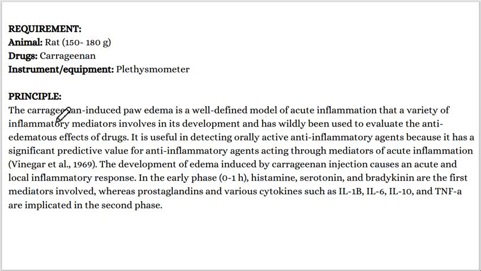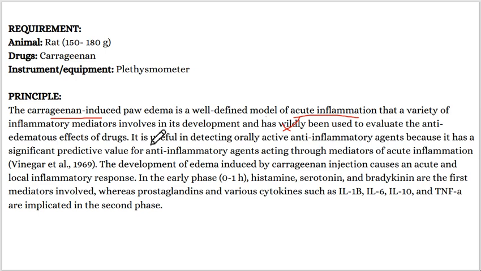The principle is that the carrageenan-induced paw edema model is a well-defined model of acute inflammation, in which a variety of inflammatory mediators are involved in its development, and it has been widely used to evaluate the anti-edematous effects of drugs.